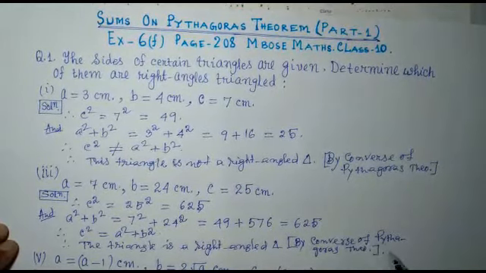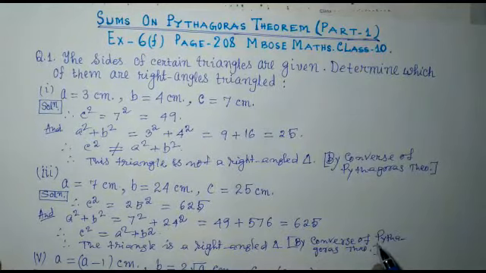So you have to know the converse of Pythagoras theorem. If the square of one side of a triangle is equal to the sum of the squares of the other two sides, then the angle opposite to the first side is a right angle. So the triangle will be a right angled triangle.